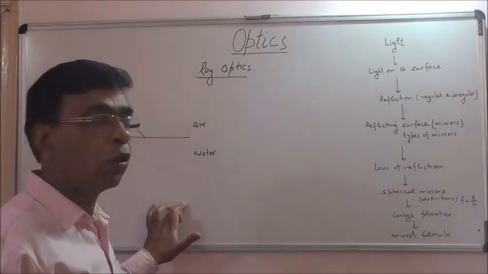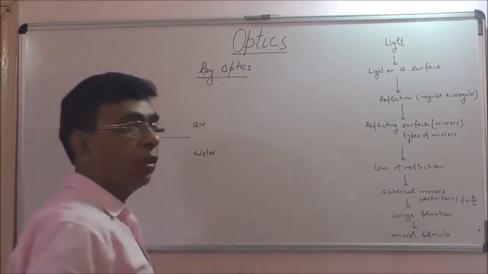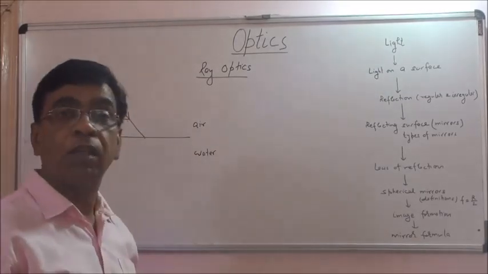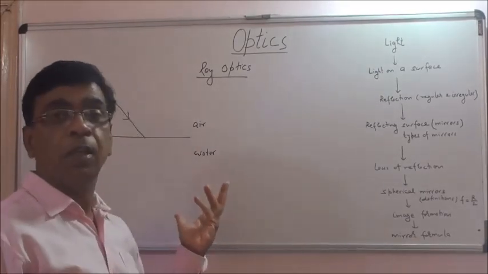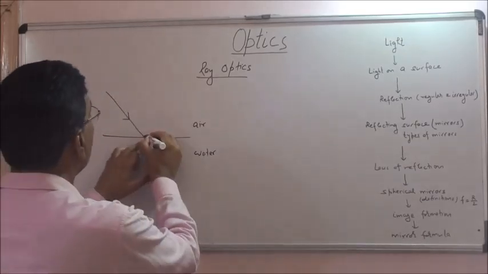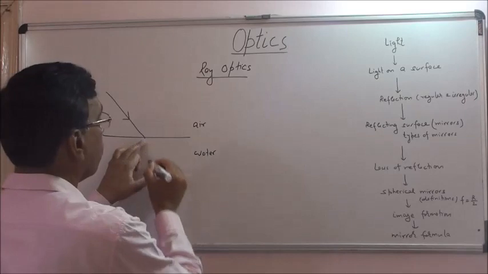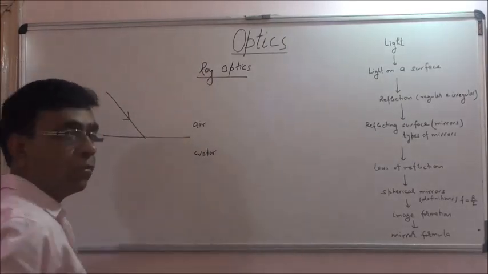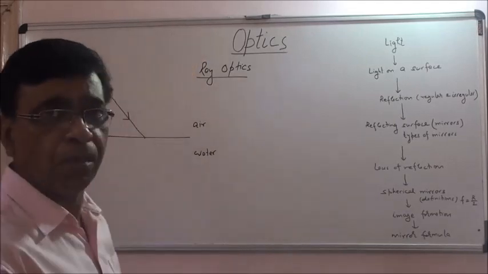Bouncing back, absorption, or simply transmission. So accordingly we call it, bouncing back of light is called reflection of light. And when it is passing through, we call it refraction. And the third is absorption. So reflection is bouncing back of light from any surface. It strikes this and returns to the same medium.